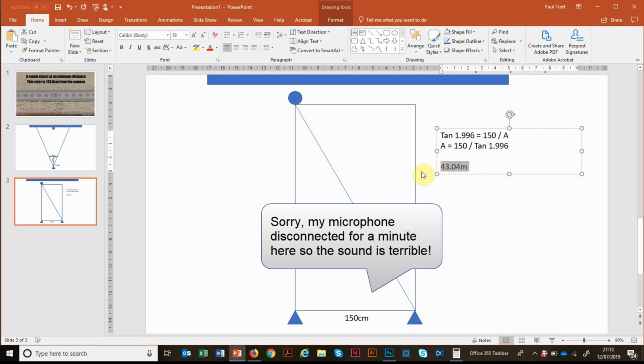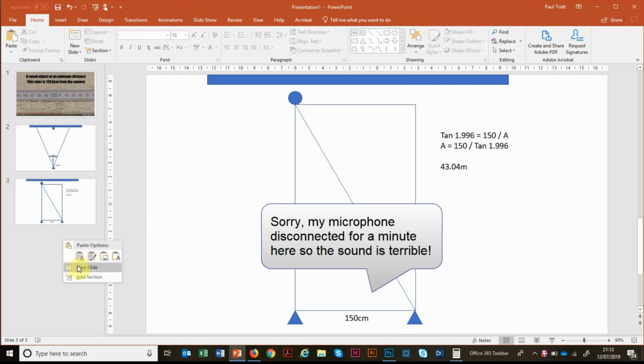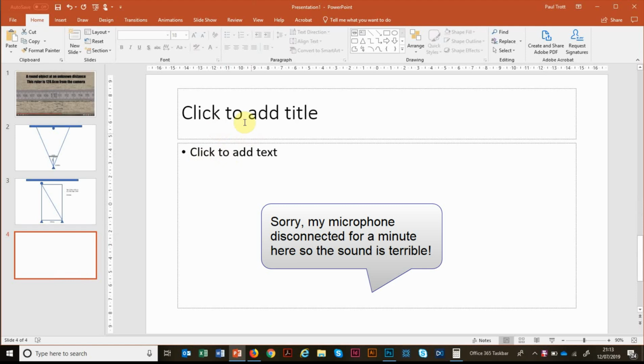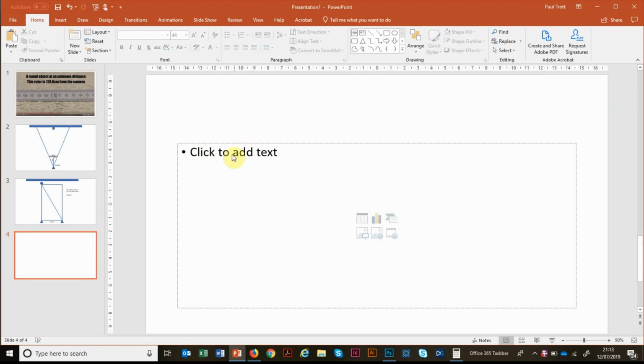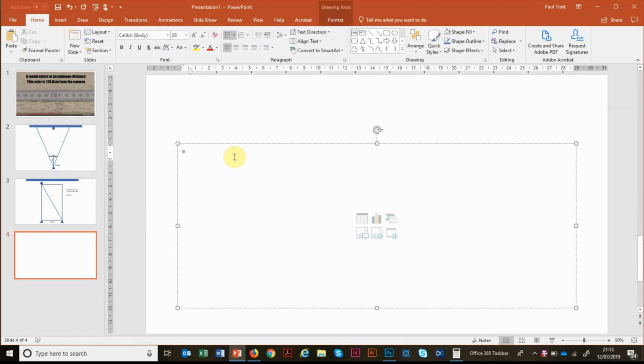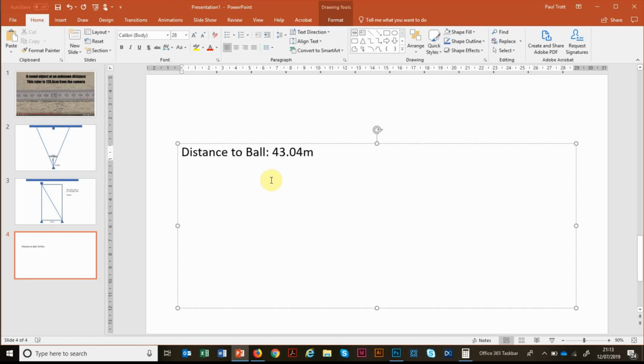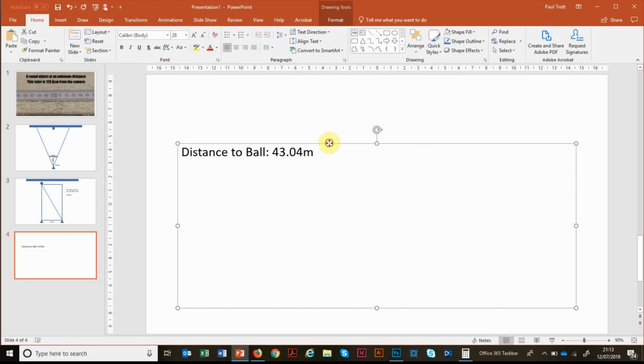But let's put this on a separate slide. So these are our results. Distance to the ball, 43.04 meters.